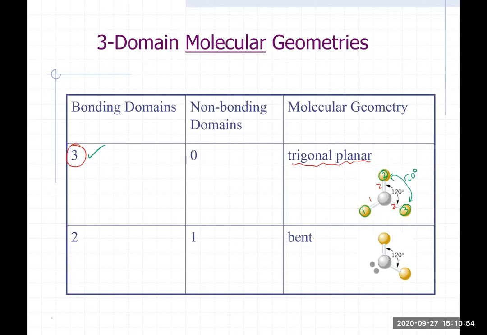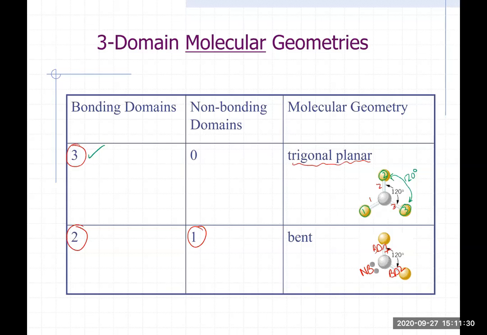On the other hand, let's look at a case where we have 2 bonding domains and 1 non-bonding domain. So we still have 3 total electron domains. 2 of them are bonding, 1 of them is non-bonding. So here's bonding domain 1. Here is bonding domain 2. And here is our non-bonding domain.